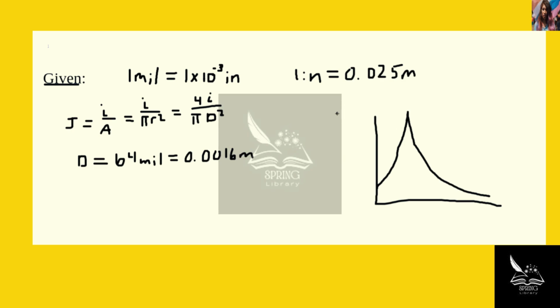Where this axis is the current density, J, in amperes per meter squared, and this is the diameter, D, in mils.